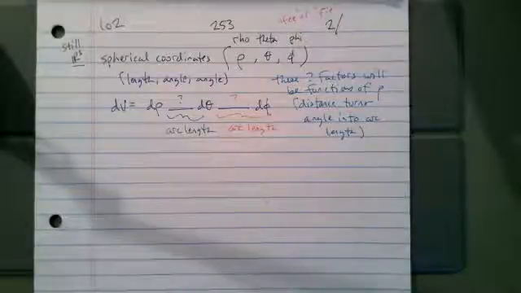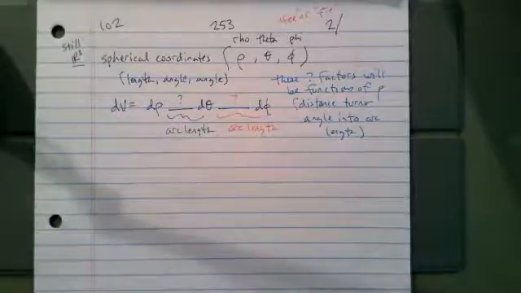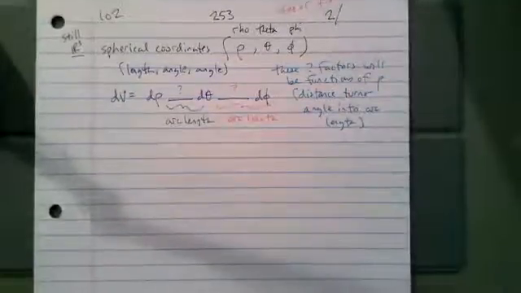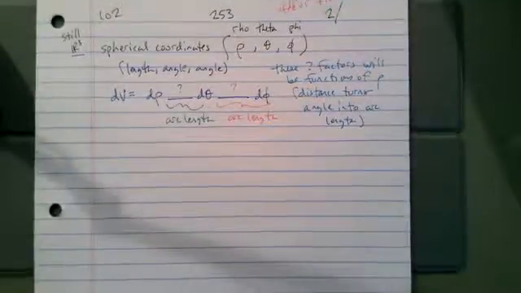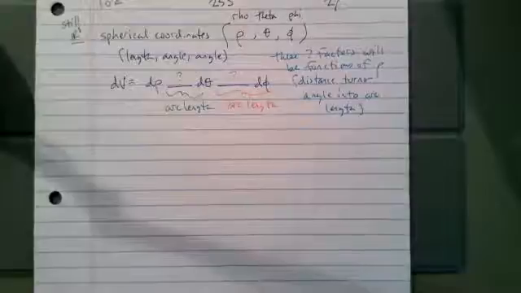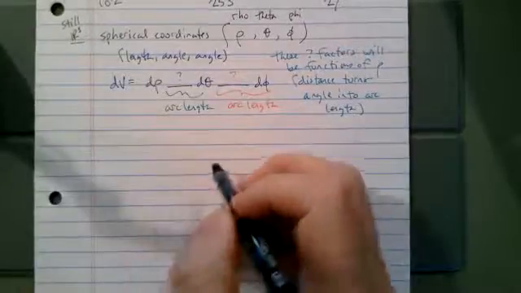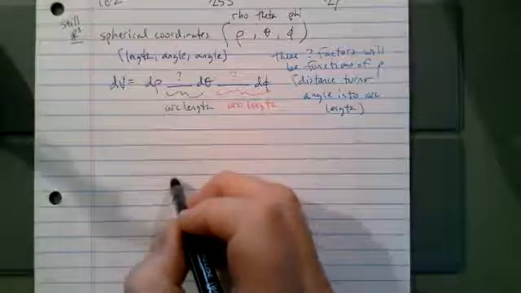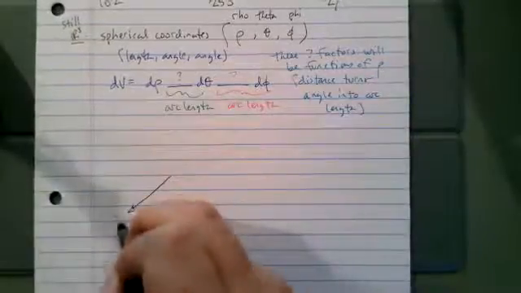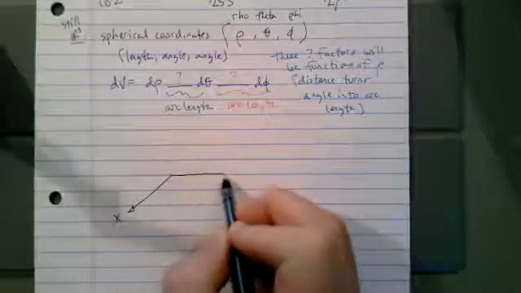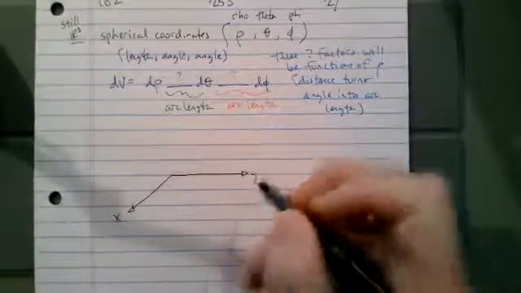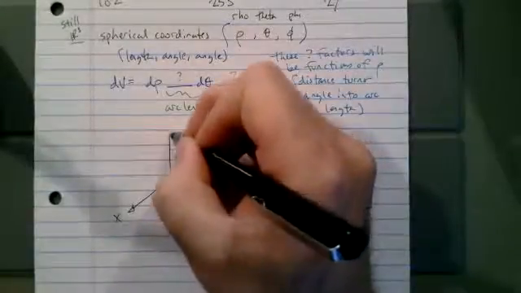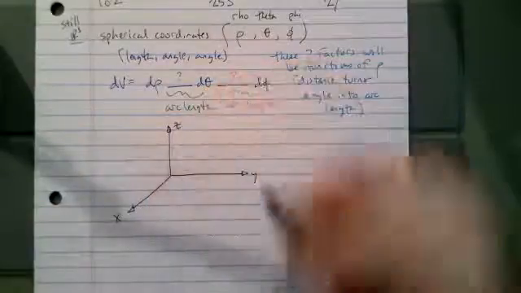Well, let's talk about how rho, theta, and phi describe a point in space. So I'm going to draw an x, y, and z axis, because these are all just sitting on top of each other. So I'm going to have, let's say, an x that traditionally comes straight out of the board, a y, and a z-axis.